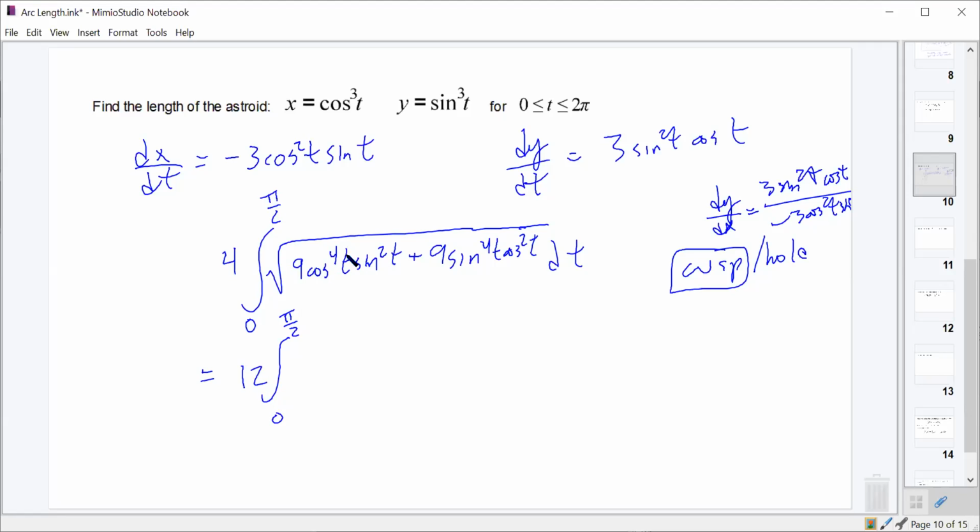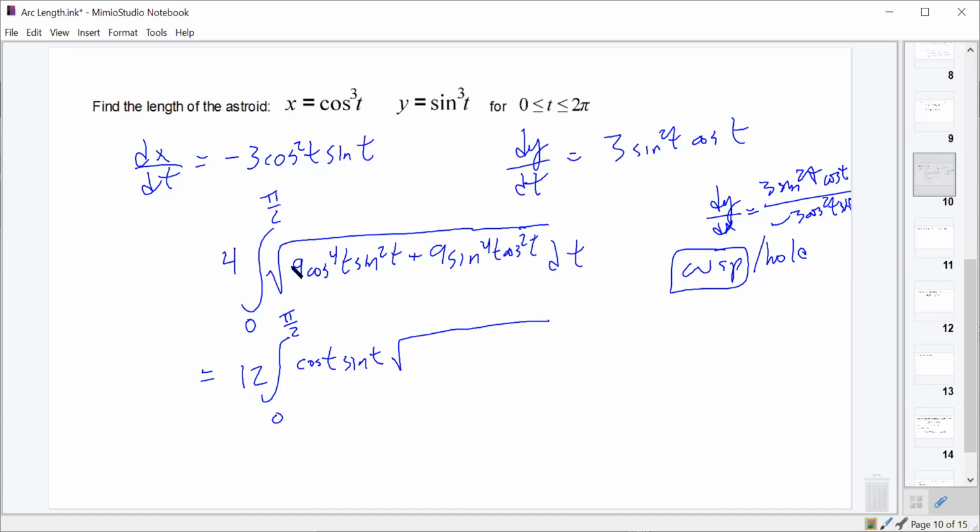And what else can be factored out? Cosine squared, sine squared. Right, and if I pull a cosine squared sine squared out of the square root, that should just be a cosine t sine t.